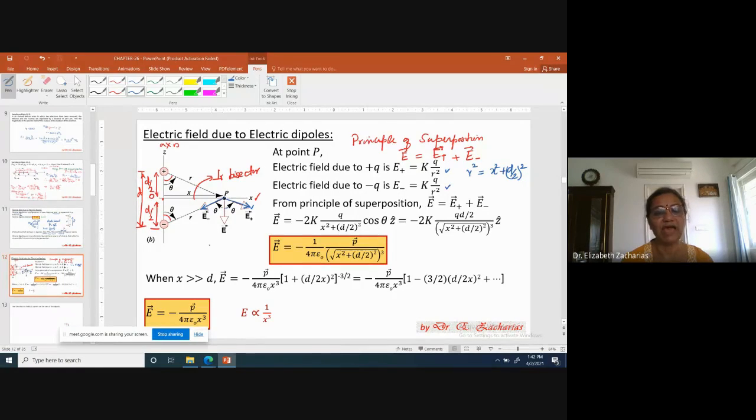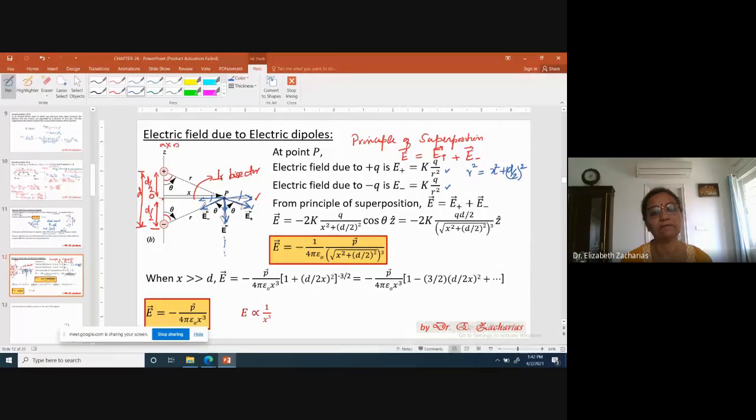Now you're going to add two vectors having the same magnitude and there is a symmetry. The symmetry axis is this. So very quickly you will be able to tell me that there will be this component and this component which will cancel out, so you're just left with only 2 times this component.